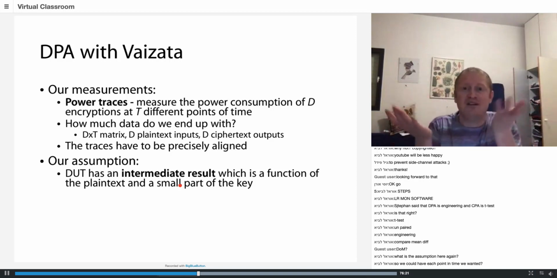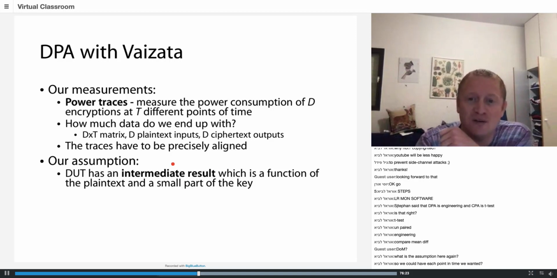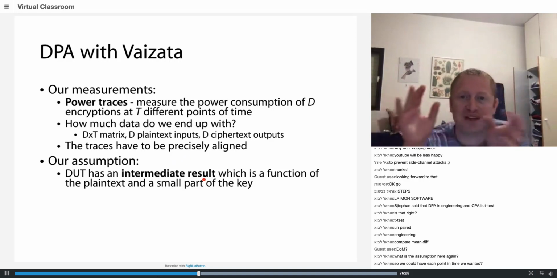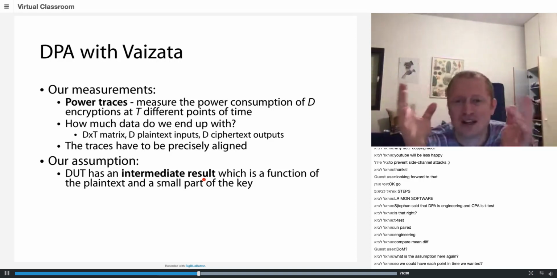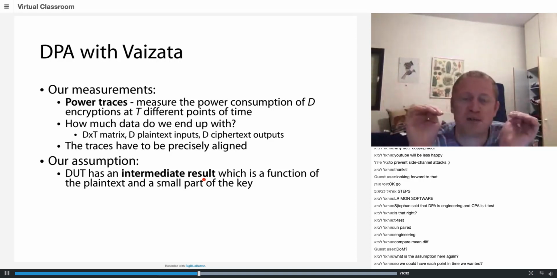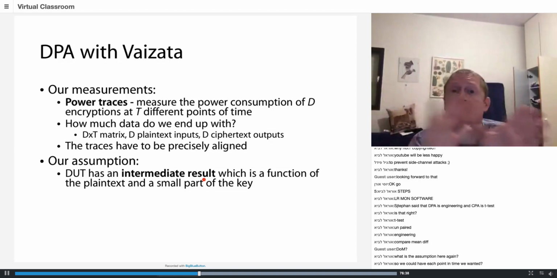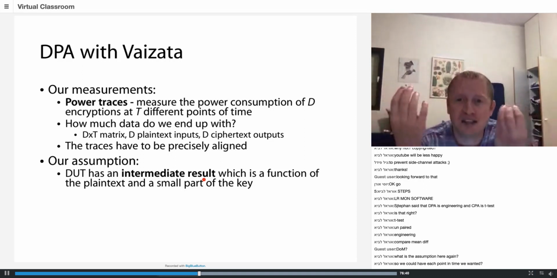depends on this value. So if we guess the key correctly, we can make some kind of assumption that the power consumption is a function of the plaintext and a small part of the key. What is this function? Is it a linear function, an increasing function, a switching function? We don't have the statistical strength to capture it using the DPA assumption.